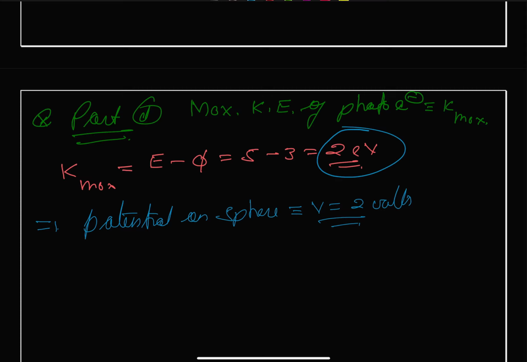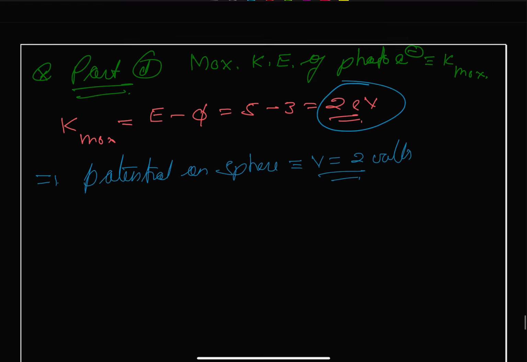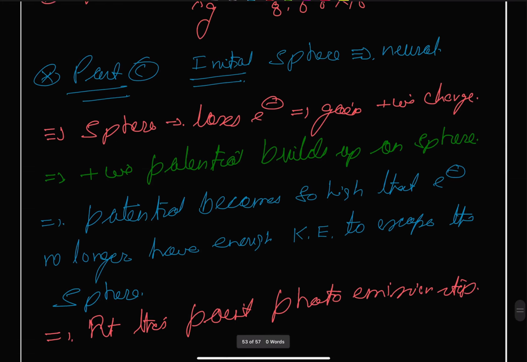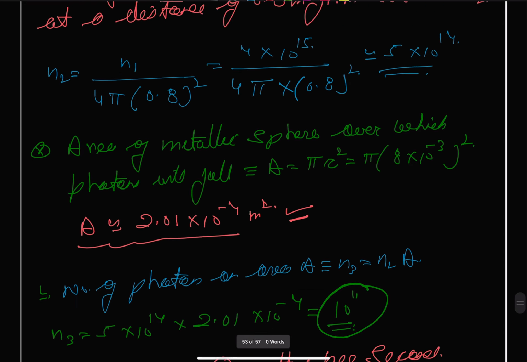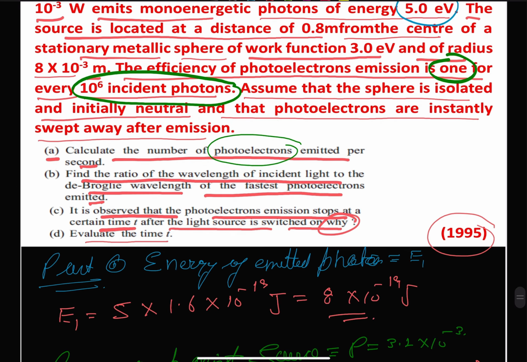So it will be greater than or equal to K max. And we need to find out the charge that is required. Okay, we need to find out the time. For that we require charge, and then we can find out our time.